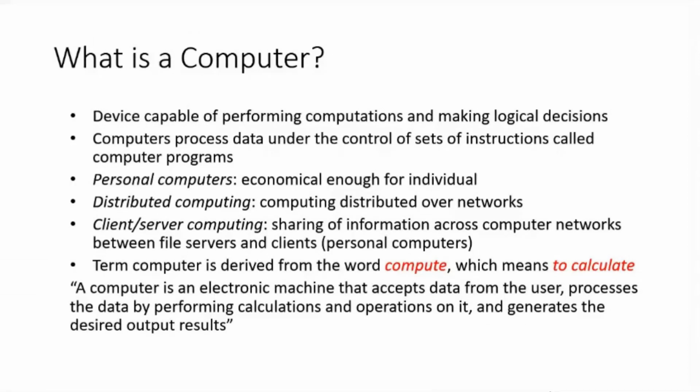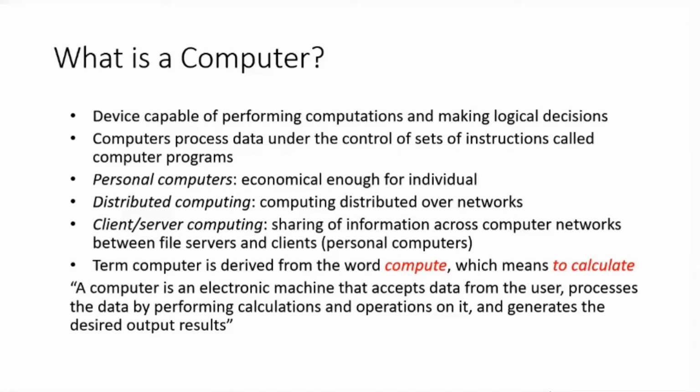So a computer is an electronic machine which does three different things. It accepts data from the user. It processes the data by performing calculations and operations on it. That is, accepting data from the user is input, then performing calculations is processing, and finally it generates the desired output results.